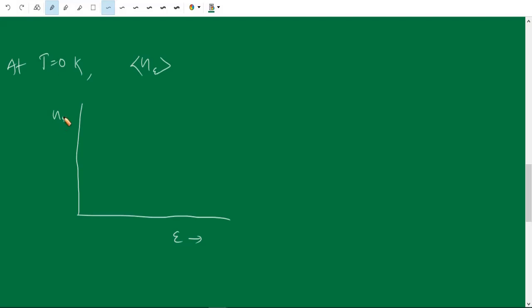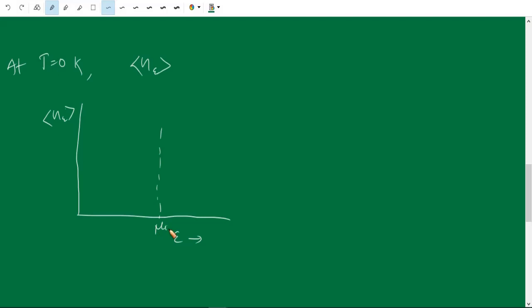We know that at T equal to 0 Kelvin, the mean occupation number is a step function. We plotted this in the last class, with energy on this axis and mean occupation number on this axis.